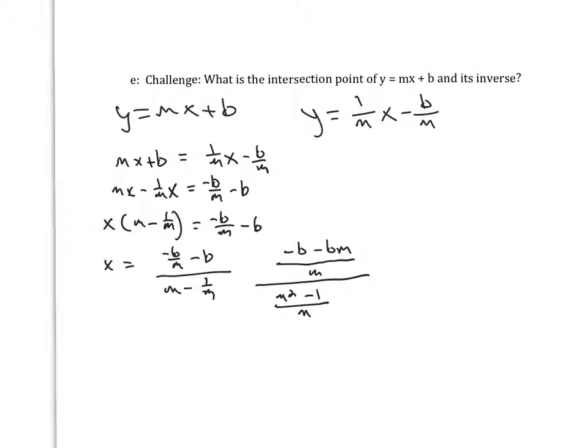Okay, and in the end, we can cancel out the m's here. We're going to get negative b minus bm over m squared minus 1, or we could say it's b plus bm over, I'm sorry, over 1 minus m squared. So that would be our x coordinate for the intersection.